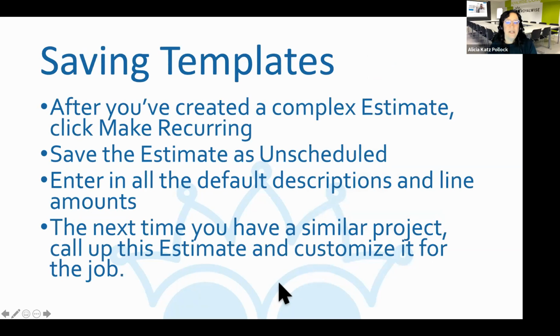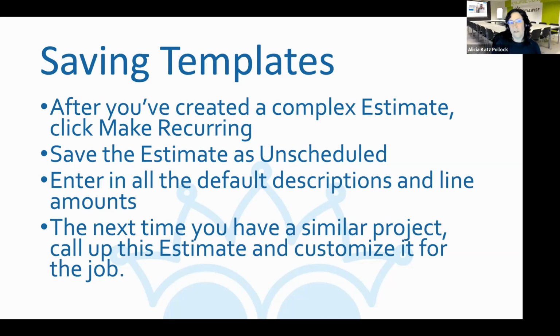One recommendation that I do make is that if you have a complex estimate and you do the same kind of jobs over and over again for your company, what you might want to do is make one estimate that acts as a boilerplate or as a template. For example, I have a customer who has an estimate for their bathroom remodels and an estimate for their kitchen remodels, and they've saved them as recurring with all the different line items that they're going to need.